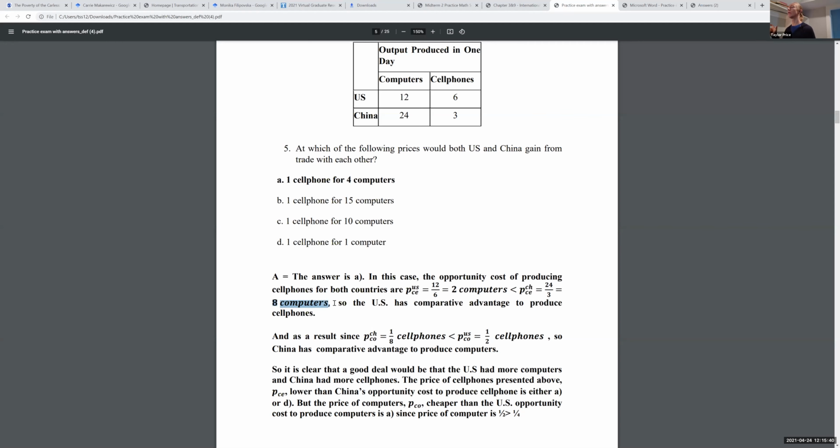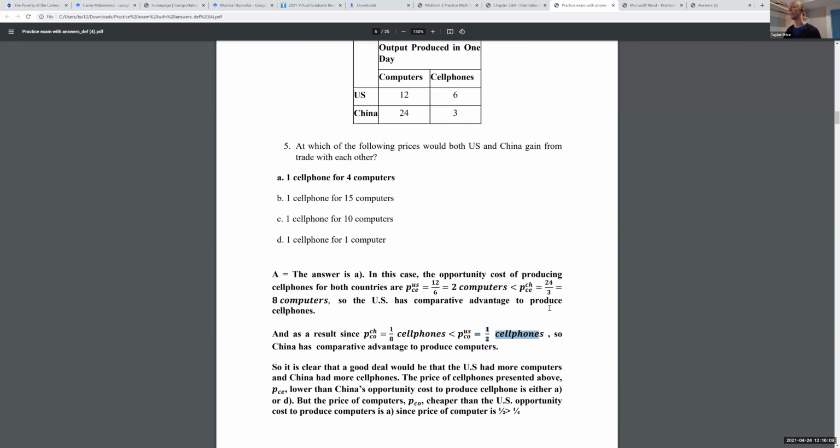With that, we know that the US has a comparative advantage to produce cell phones since 2 is less than 8. Then we do the same opportunity cost calculation for computers. For China, we have 1/8 cell phone, and for the US, we have 1/2. So China has a comparative advantage in the production of computers.